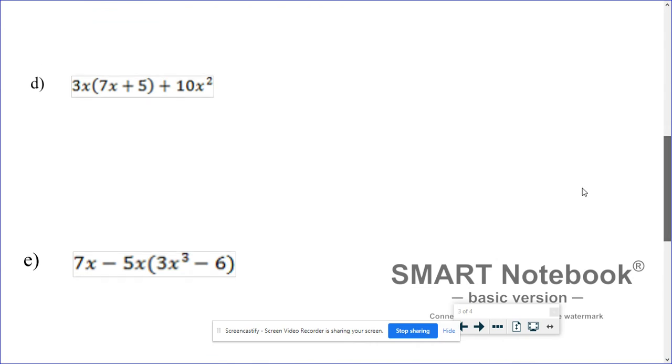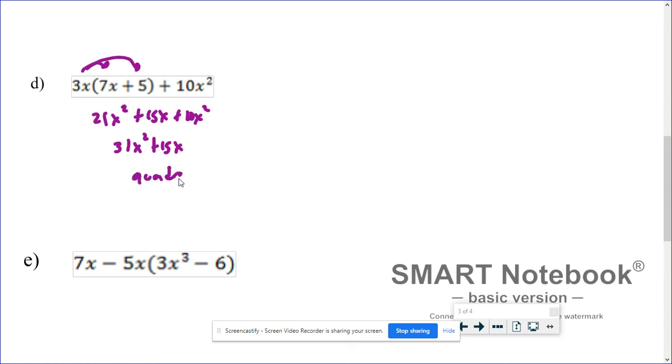Here, we are going to have to simplify by distributing. So let's do that first. You get 21x squared plus 15x plus 10x squared. So you can combine the x squares and you get 31x squared plus 15x. And you end up with, well, it is a quadratic binomial.